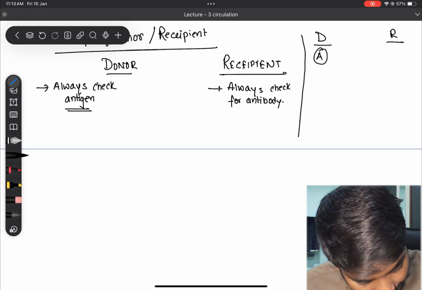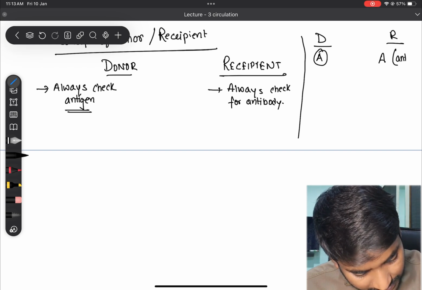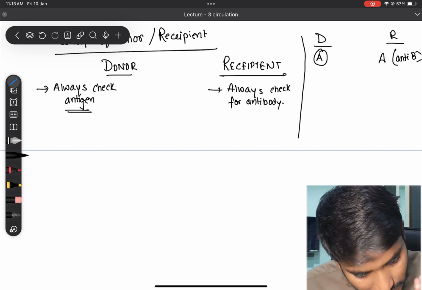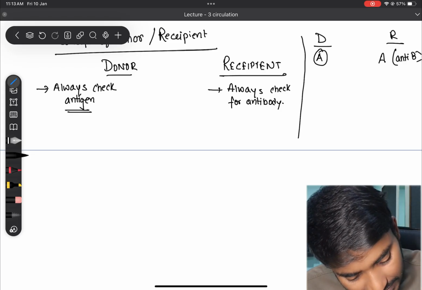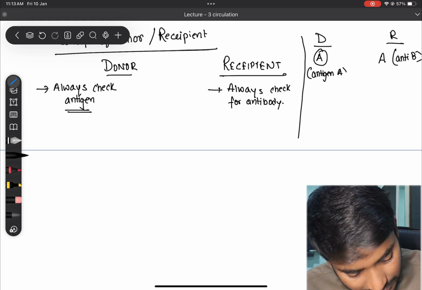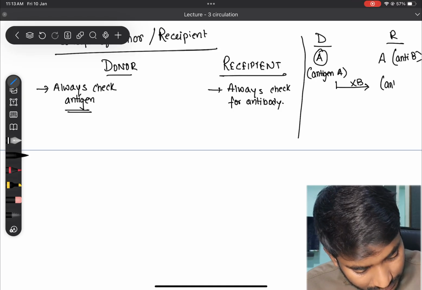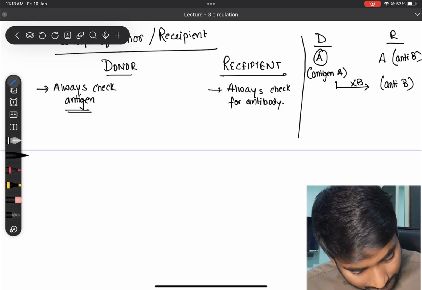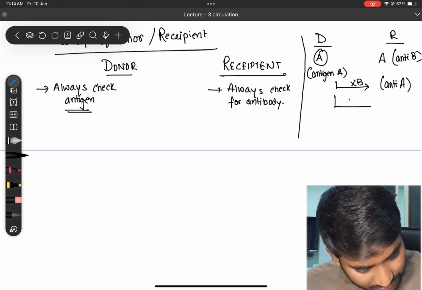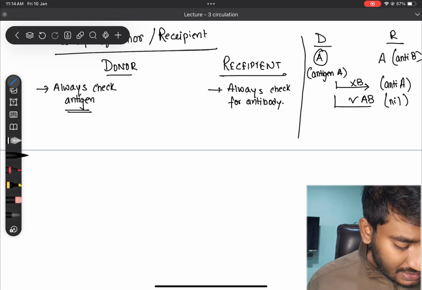Okay, let the donor blood group be A, and the recipient is A, so it contains anti B. Now here, antigen in the donor is A, so it cannot give to B because B has anti A. It can give to AB because no antibody is present.